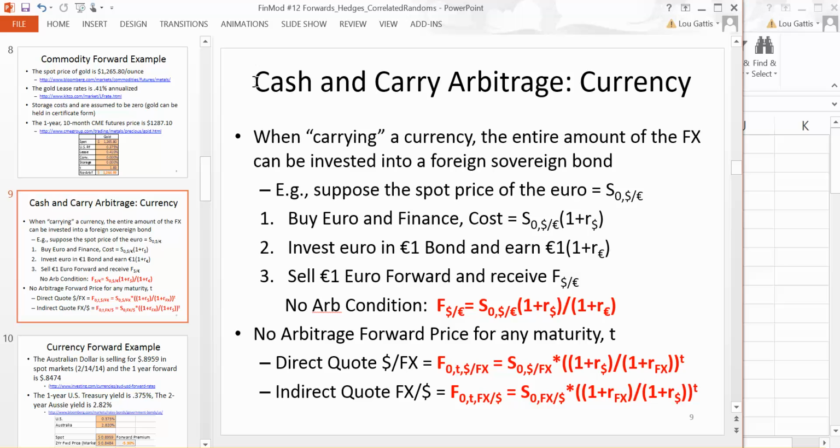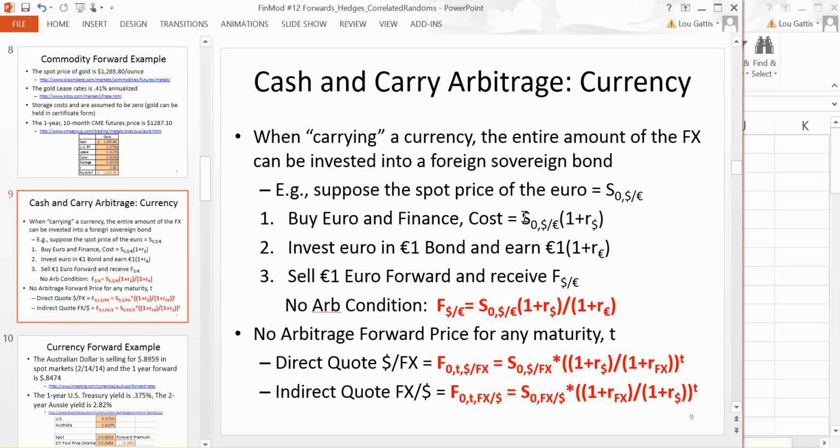The last thing we'll talk about is no arbitrage forward prices on currencies. A currency is just another asset. Say I could buy a euro today, finance it at R, so it will cost me nothing today. So my cost of carrying the euro so far is S naught times 1 plus R. However, I can take the euro that I just bought in the cash market, deposit it at a European bank, and buy risk-free bonds in Europe, say German bunds, that mature when my forward contract matures.